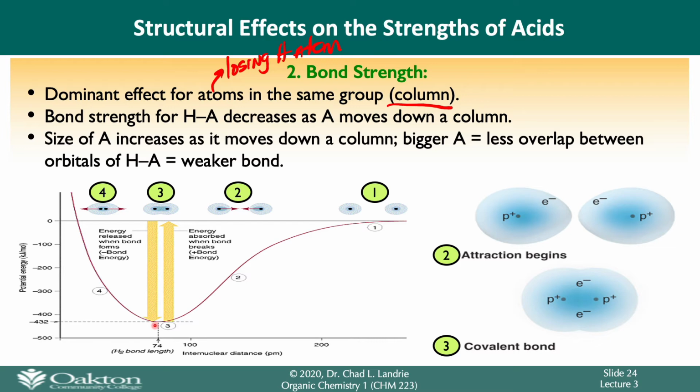Now, to explain how that sharing of electrons happens, we use valence bond theory as one of our theories. And valence bond theory says that that sharing takes place by overlapping the orbitals of each atom together. And you can see that in case 3 here in the bottom right corner.